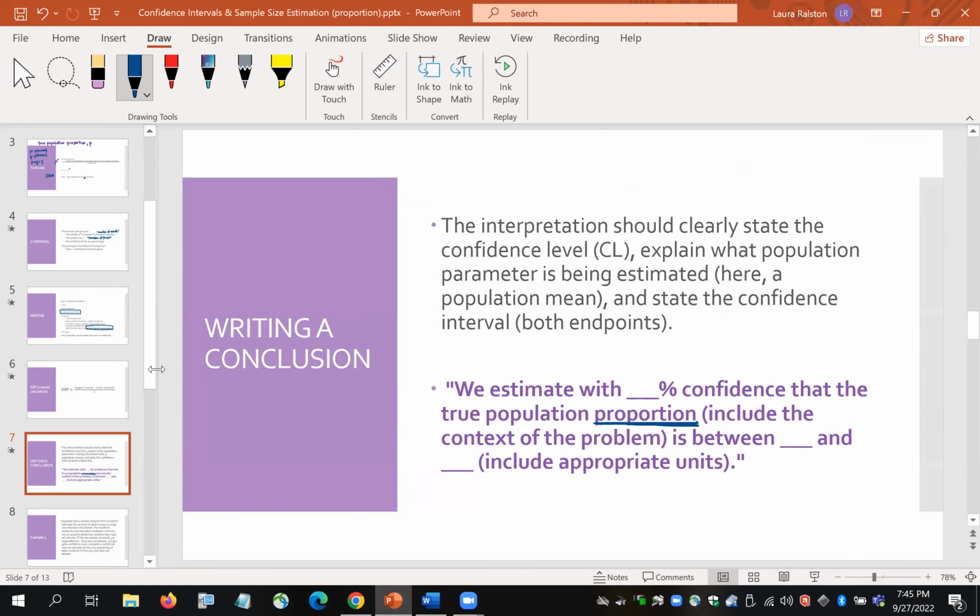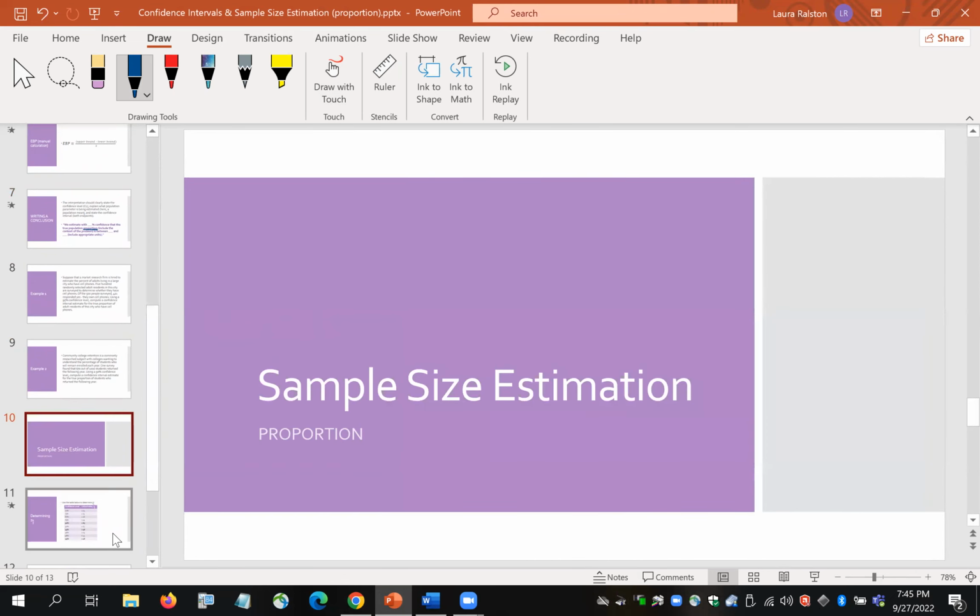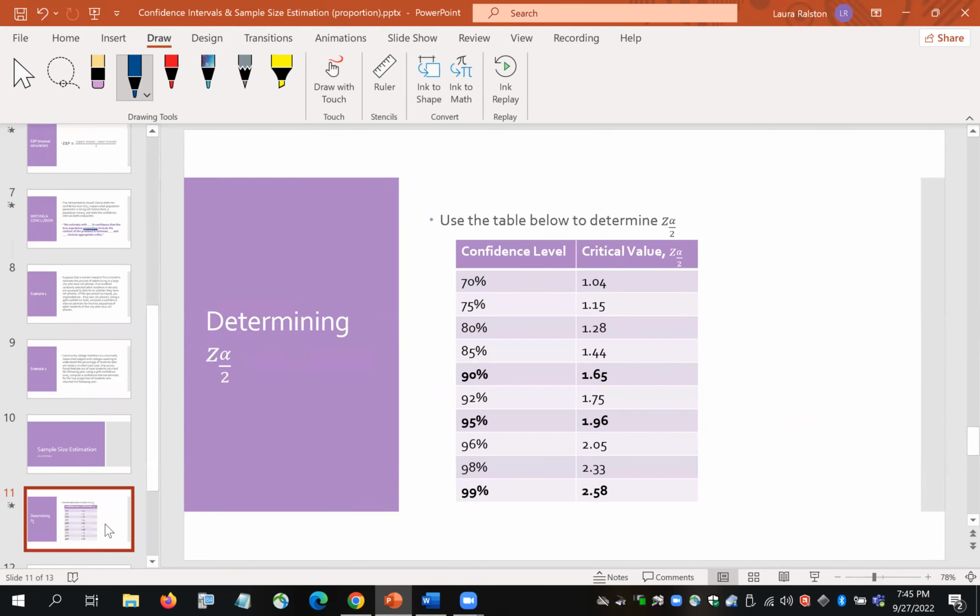We also can calculate the sample size. Again, because we're using the normal distribution, we have the same table that we had before, where you have your confidence level in the left column, which is going to be given to you in the problem, and then you have the corresponding critical value in the right. And again, I can use this same table because I am using the normal distribution to approximate the binomial which the confidence interval for a proportion is based upon.